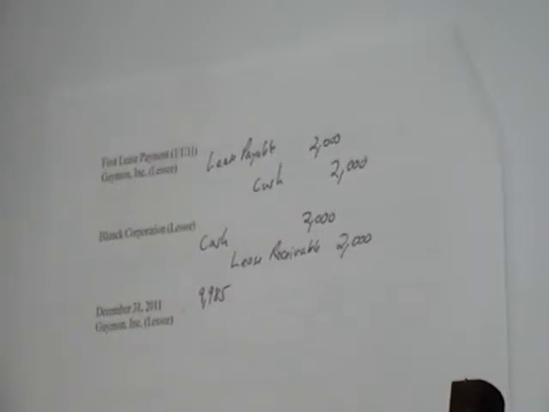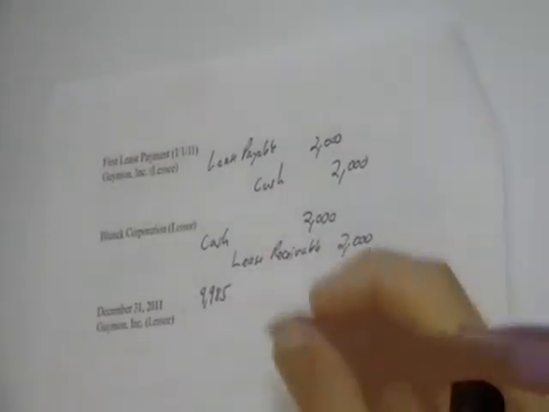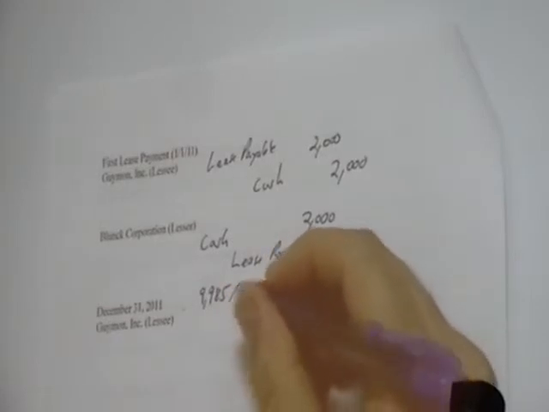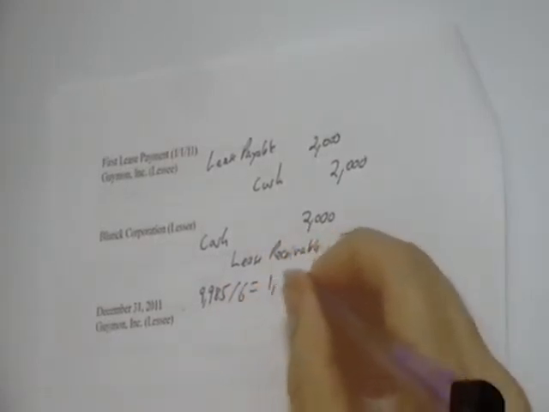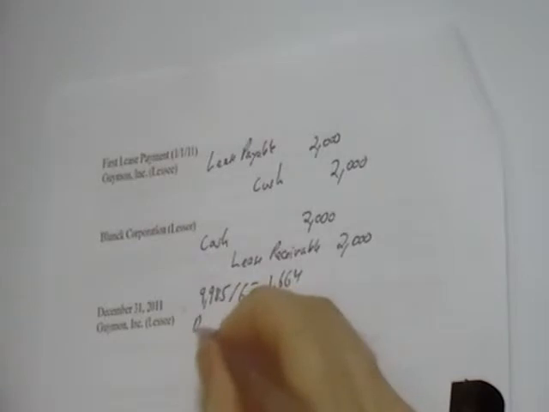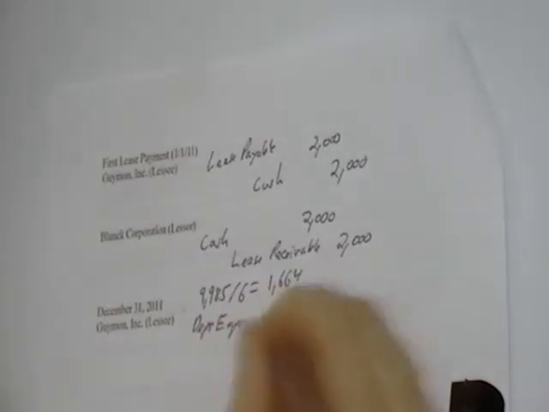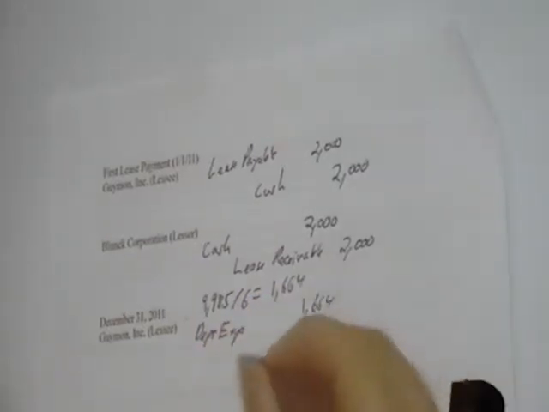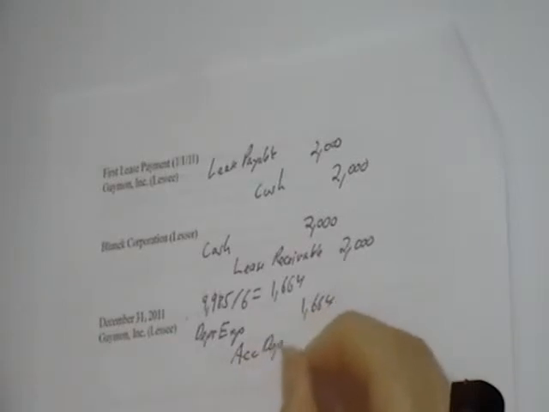Just thinking, I wonder if I have one of these where the ownership does change. I'm not sure. You'll find out. Obviously, with a bargain purchase option, the ownership changes. All right, so 9985, we're going to divide that by 6, and we get 1,664. We're going to debit depreciation expense of 1,664, and accumulated depreciation is going to be credited for 1,664.